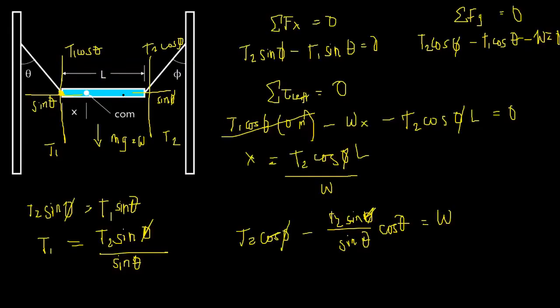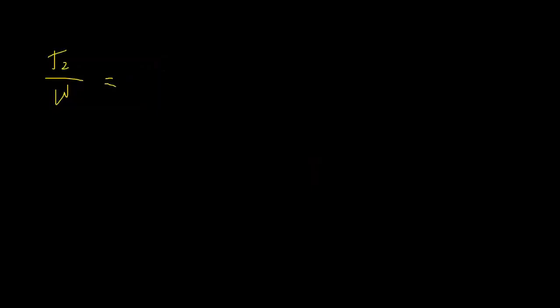Itong T2 cosine phi minus T2 sine theta over sine phi over sine theta cosine theta. So, i-derive ulit natin siya and we will get this value.